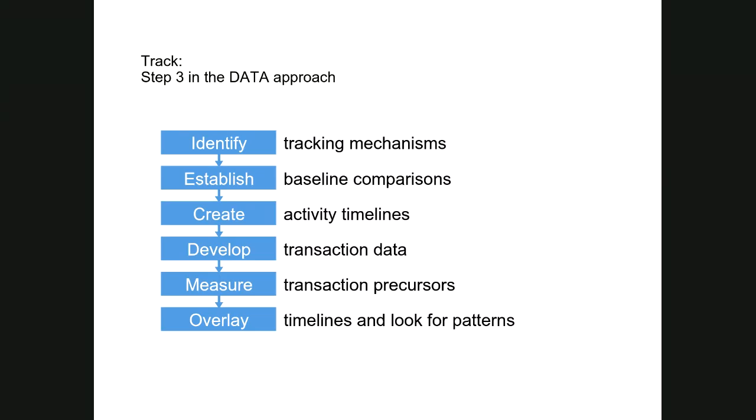Track, step 3, and there are different tracking mechanisms you can use. Google Analytics, and you can check transaction data. Are our transactions going up? Are they going up in volume? Are they going up in average value? Maybe they're going down.